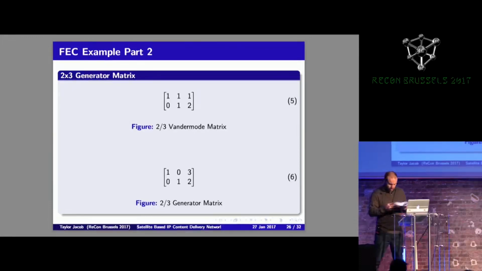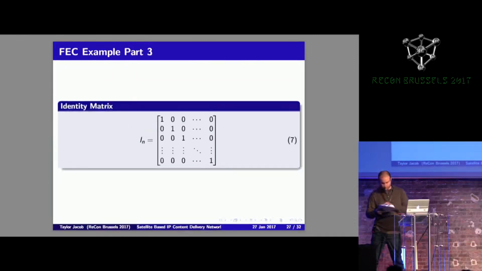To create the generator matrix, we need to get it to standard form by reducing it. I'm not going to get into this, but that's what figure 6 is right there. And you'll notice the 2x2 part on the left of the matrix is all ones in the diagonal. This is called the identity matrix, and it'll also prove very useful later on in the FEC scheme.